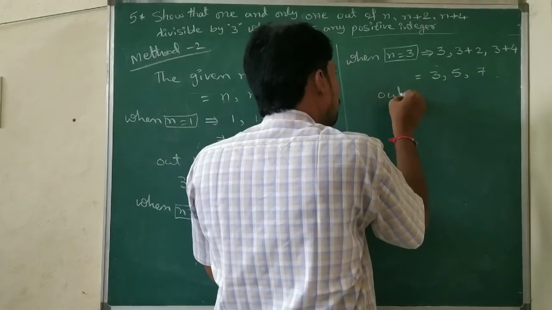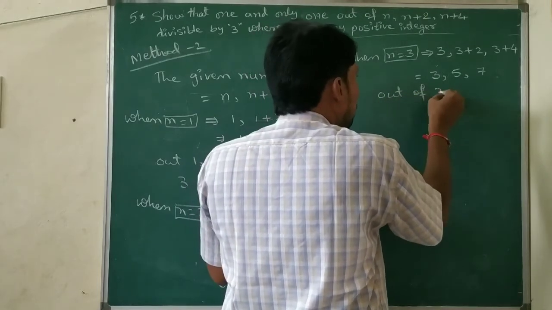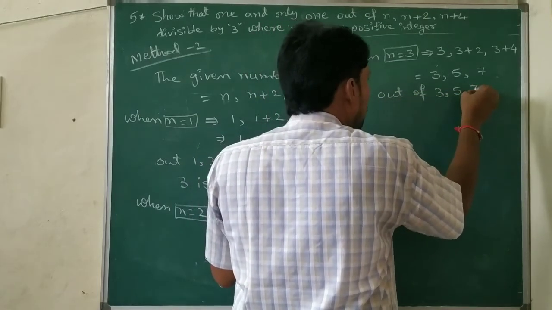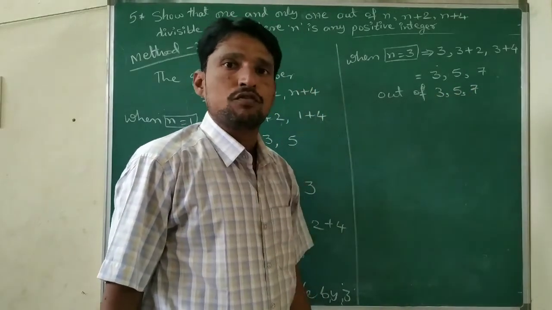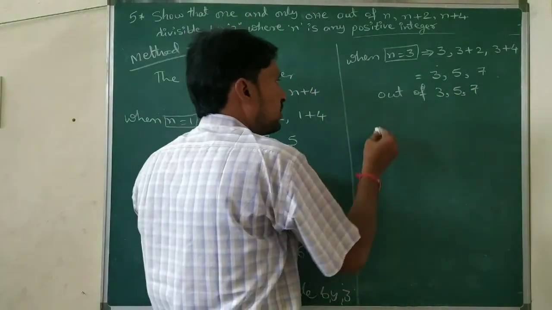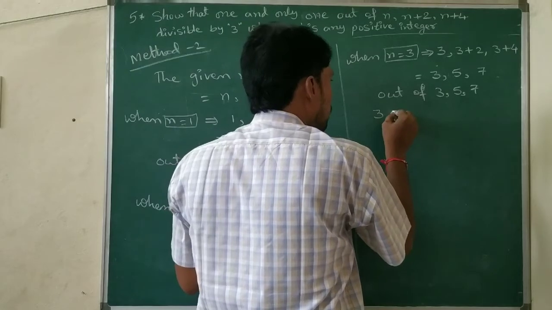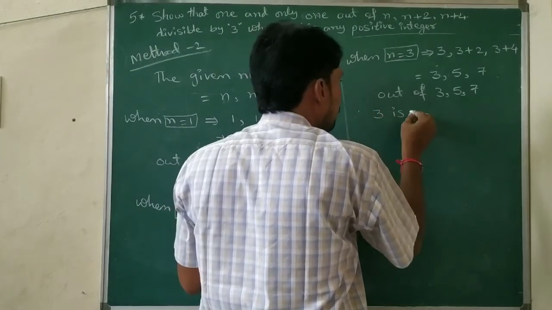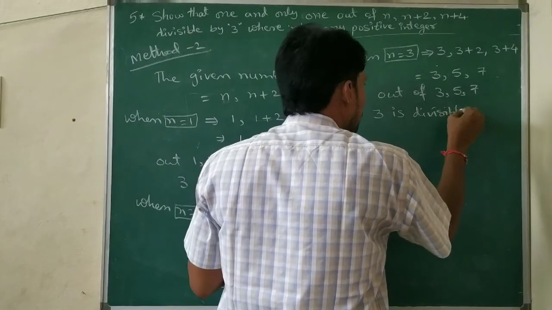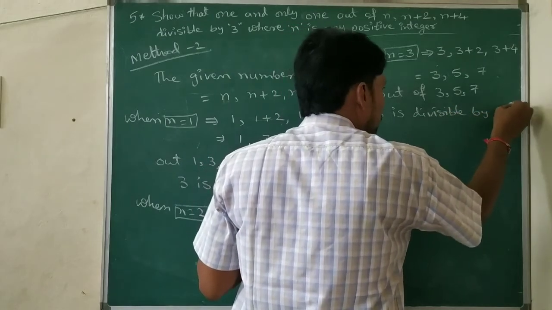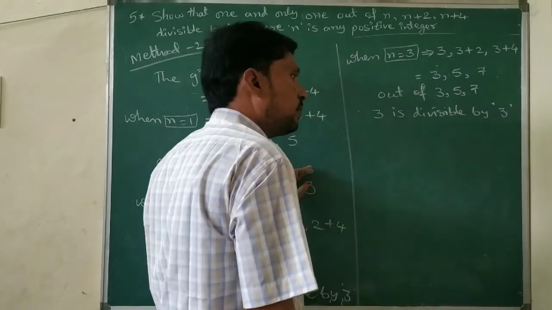So out of 3, 5, 7, which one is divisible by 3? 3 is divisible by 3, or not? So therefore 3 is divisible by 3.